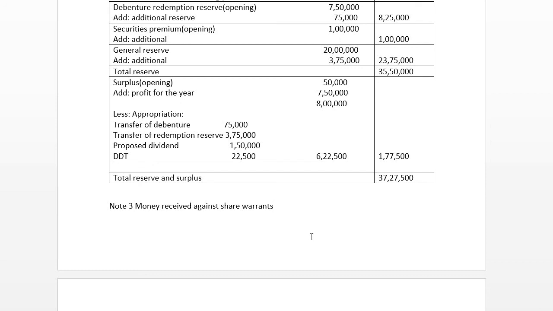This note number 1, note number 2, note number 3, whatever we have studied right now, assume that the money received against a share warrant is 50,000. This amount of 50,000 is note number 3. Then note number 2, total amount, that is 37 lakh 27,500.